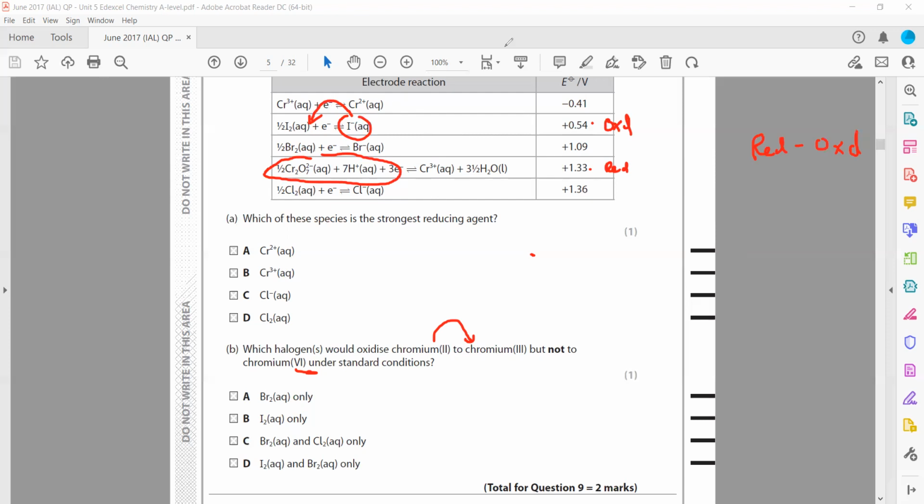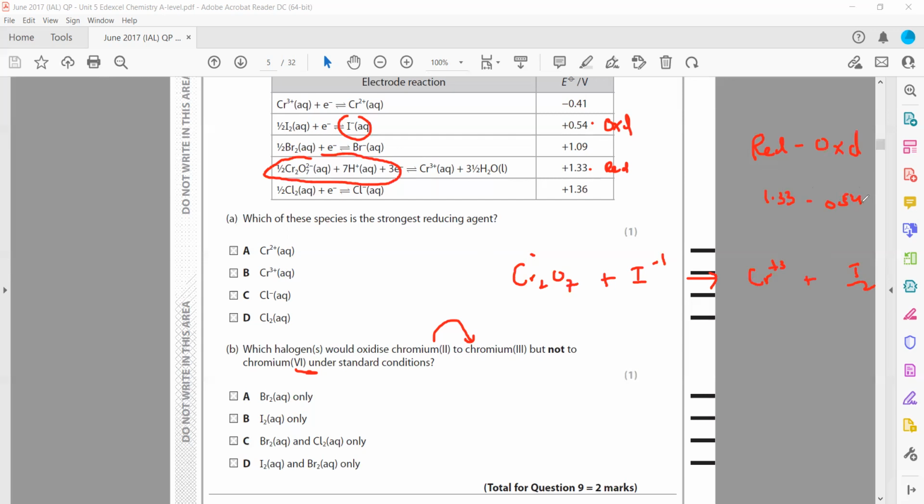So basically the reaction will be between Cr2O7 and iodide ion, and it will form Cr plus 3 plus iodine molecule. And the electrode potential will be 1.33 minus 0.54.